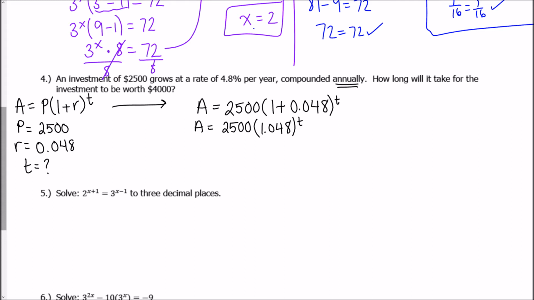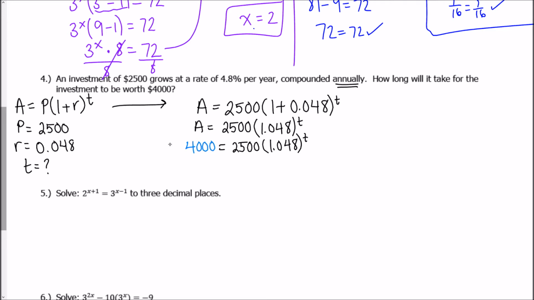And now I want to know how long it will take for the investment to be worth $4,000. So I'm going to set $4,000 equal to $2,500 times 1.048 to the power of t.